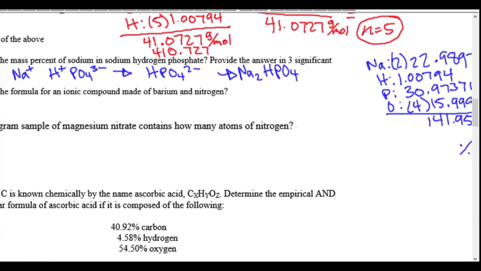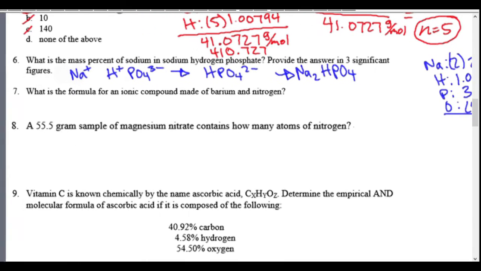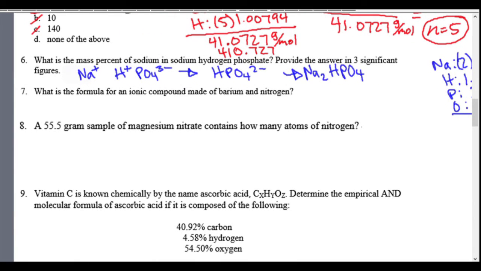So, the next one. What is the formula for an ionic compound made of barium and nitrogen? So, we have barium, which if we look, it's a group 2A, so that's going to be Ba2+. And nitrogen is what?